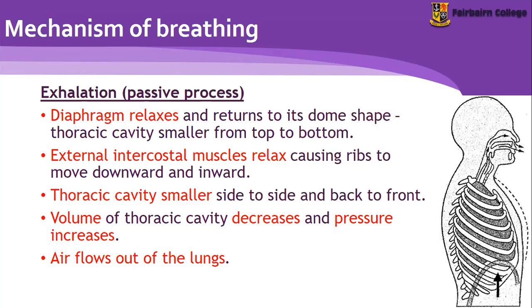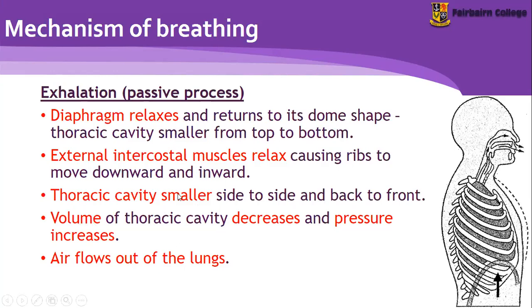Basically it just means the ribs collapse back to where they were initially, so into your body. And this causes the thoracic cavity to decrease in size, from side to side and from back to front.